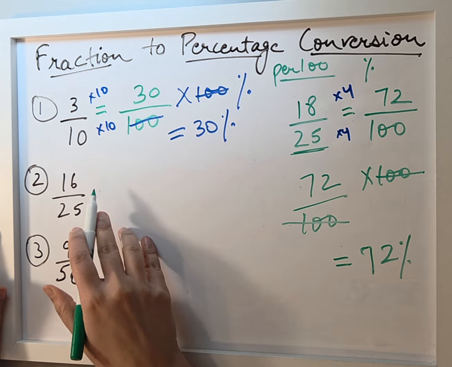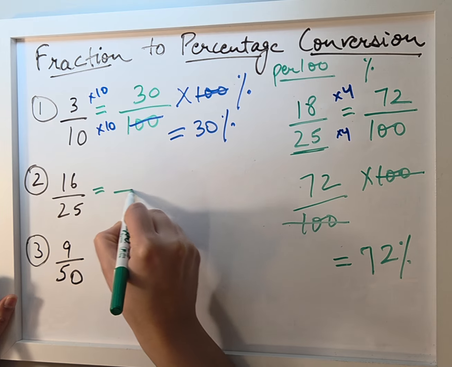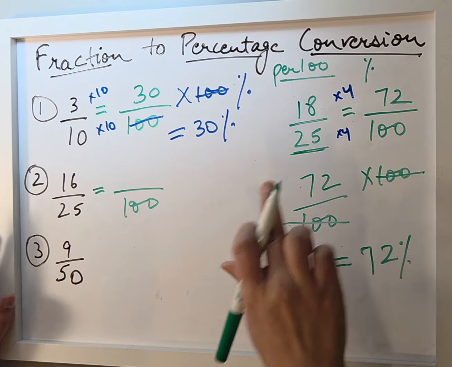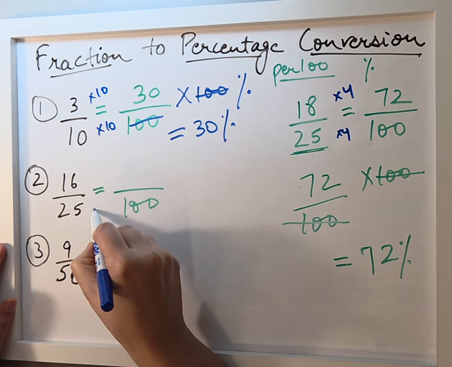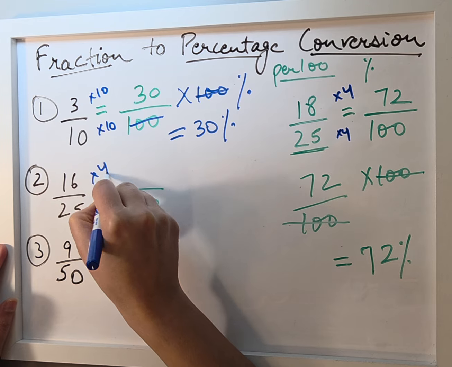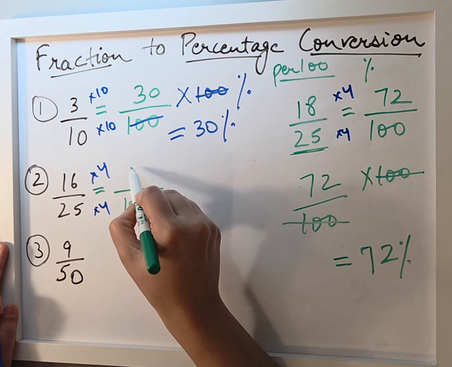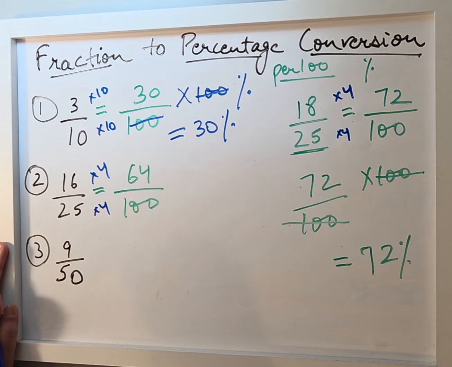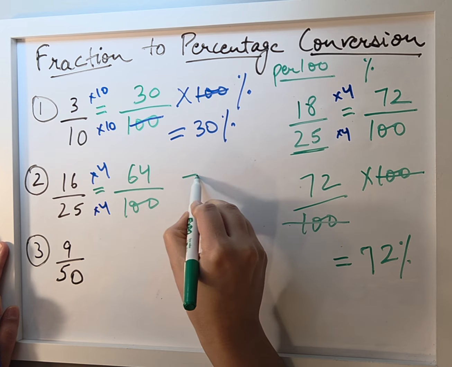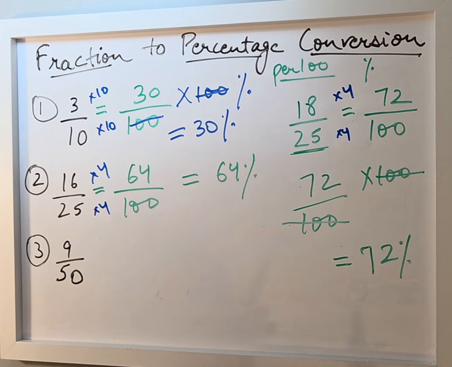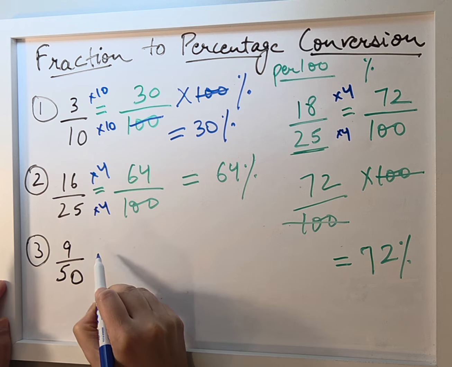Let's look at this example. If we have to convert 25 into 100, we did this already. We multiply it by 4, numerator and denominator. So 16 into 4 becomes 64. This becomes 64%. Now let's look at the last example.